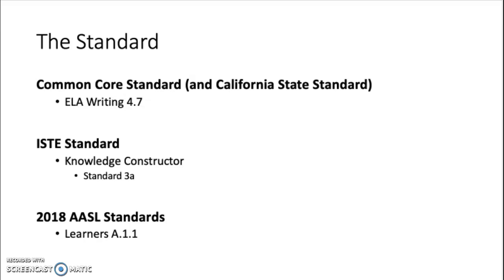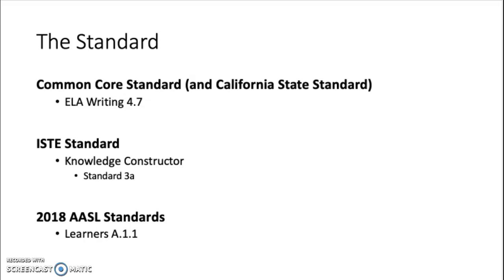So the standards that we cover in this lesson all have to do with research. The Common Core Standard for English Language Arts in Writing says that students conduct short research projects that build knowledge through investigation of different aspects of a topic.